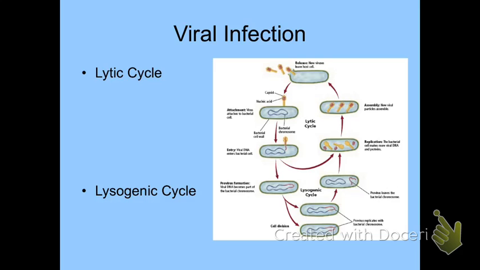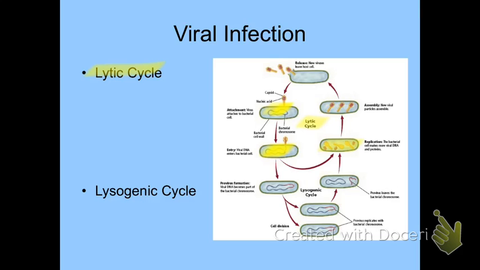There are two different cycles for viruses to infect. Don't worry about these too much. The lytic cycle is where the virus injects its DNA into the host cell. That's what you see here. The virus attaches, it injects its DNA in.